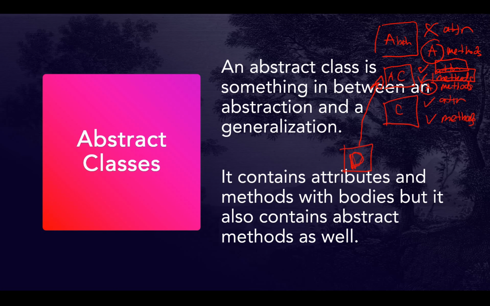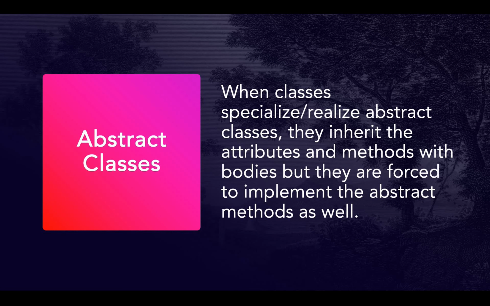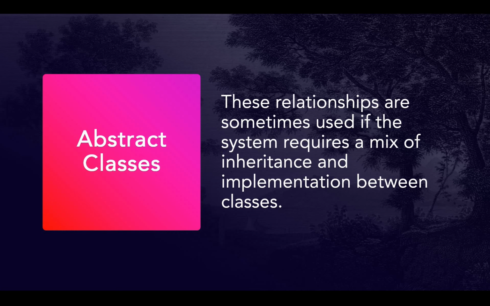You will see an example of this when we discuss Python syntax. So these relationships are sometimes used if the system requires a mix of inheritance and implementation between classes. If the relationship that you really need for these two classes is something in between a specialization and realization, you use abstract classes.